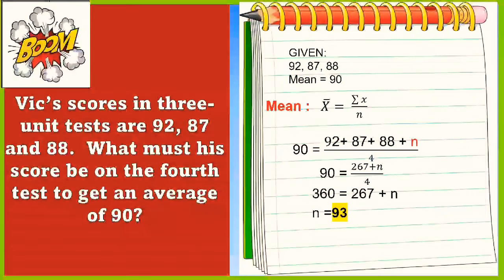Applying the cross multiplication property, we have 360 is equal to the sum of all the values in the numerator, 267 plus n, and applying the addition property of equality, the value of n is equal to 93. So therefore, Vic needs to get a score of 93 on his final test in order for him to get an average of 90.